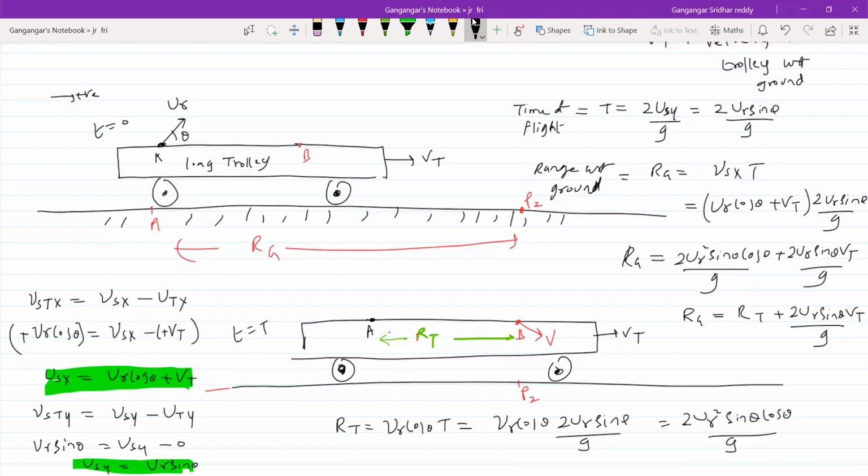The person on the ground measures RG, and the person on the trolley measures RT. Are you able to understand? The frames of reference are different here. Do make the observation. I'll take the next condition.